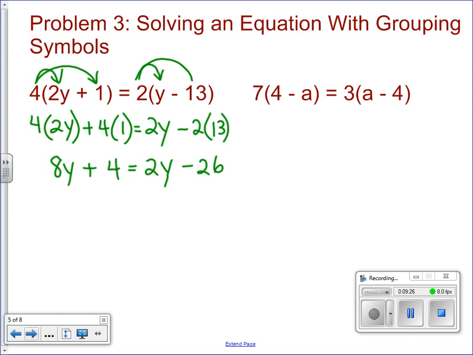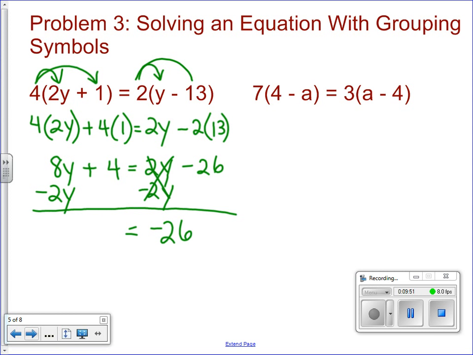Now, my next goal is to get my y on one side of the equation. And I'm going to choose to remove the y from the right side to maintain a positive coefficient for my y over on the left side. So 2y minus 2y is 0. 0 minus 26 is negative 26.